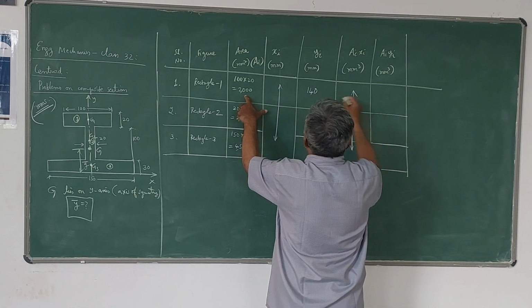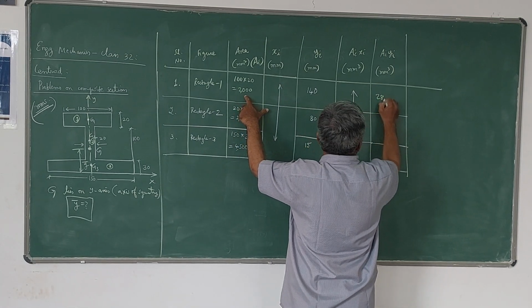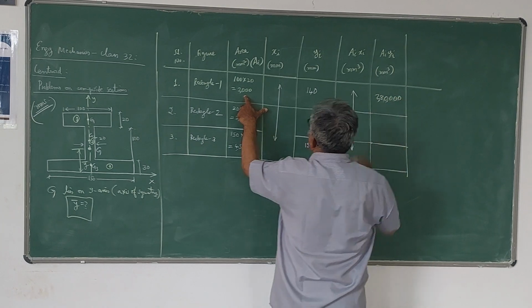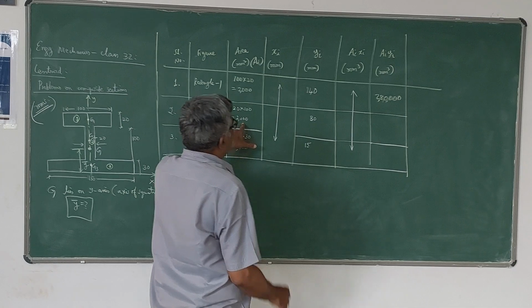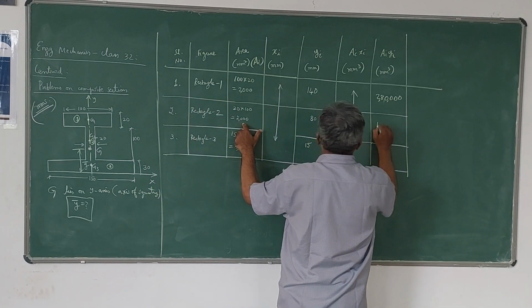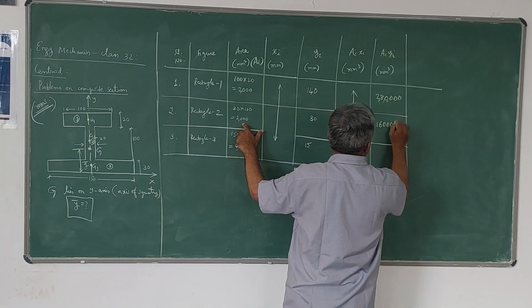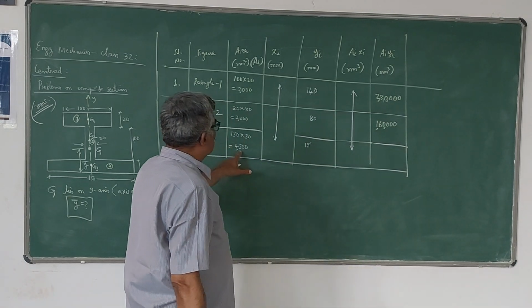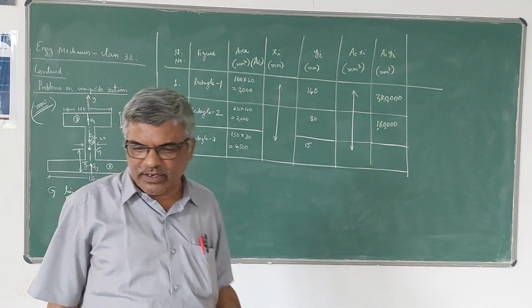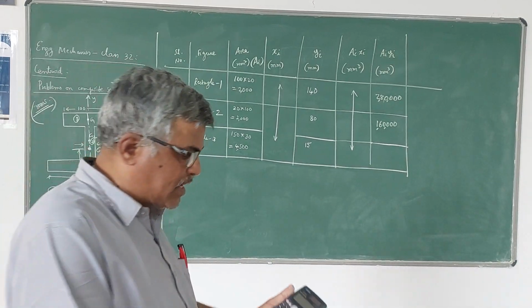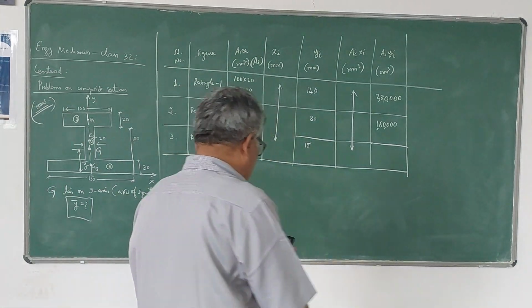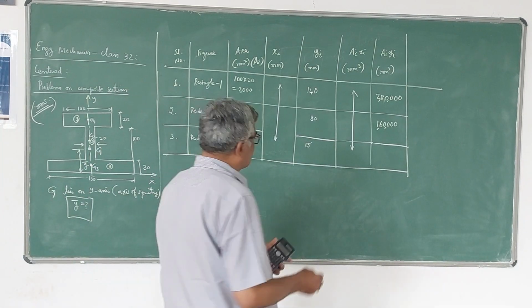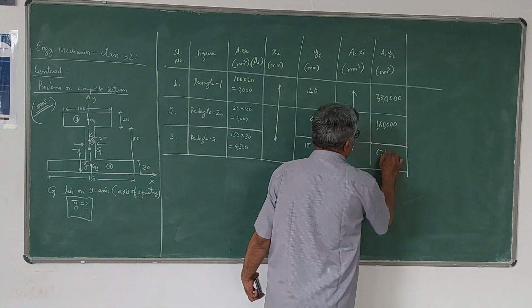So 2000 into 140 is 28 followed by 4 zeros, 2,80,000. Then 2000 into 80, 16 followed by 4 zeros, so 1,60,000. Then 4,500 into 15, so the value is 67,500.